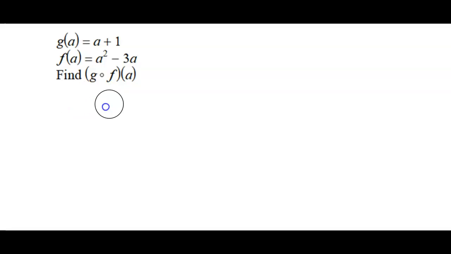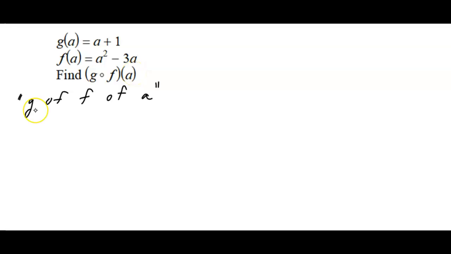When you see an open dot like that, that's a composition. That means you're going to substitute one function into the other. And the way we read this is g of f of a.